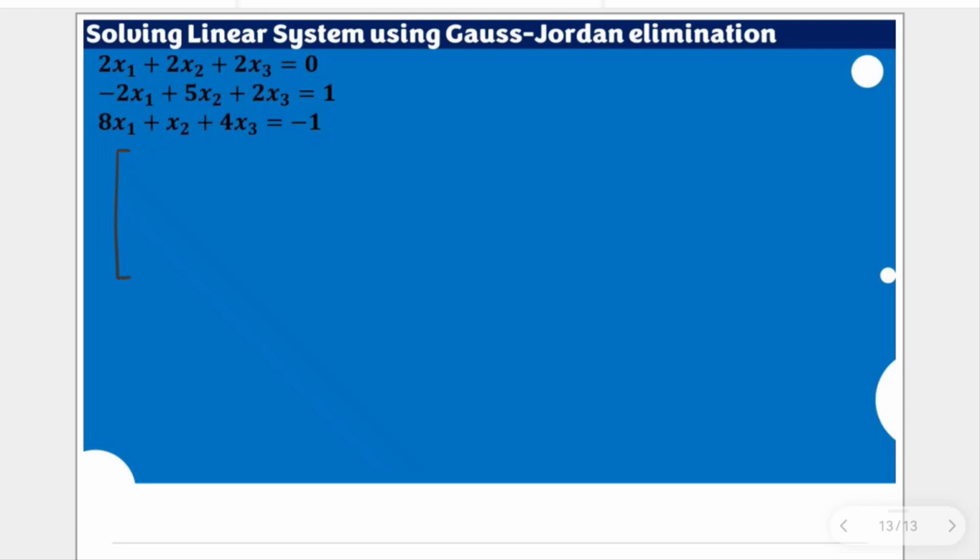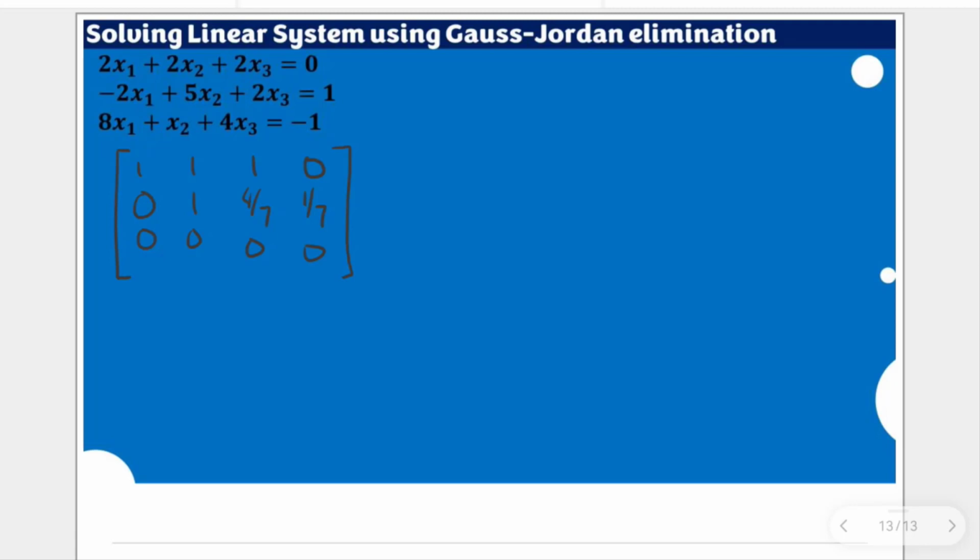In the previous video, as mentioned, after coming up with the row echelon form, it is actually 1, 1, 1, 0, 0, 1, 4/7, 1/7, and then the third row is 0, 0, 0, and 0.